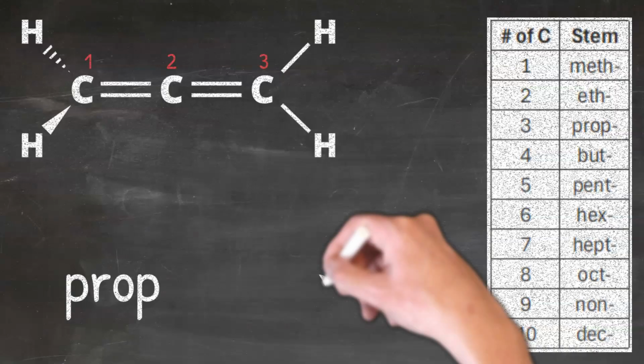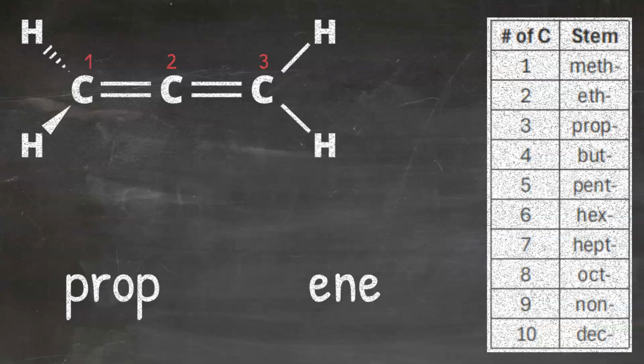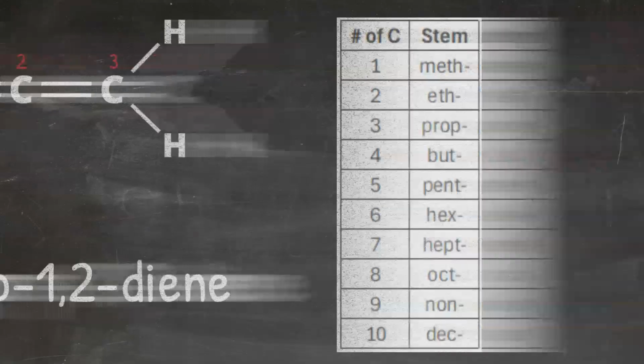Now, we're going to add the suffix -ene because we have double bonds in the structure, but we need to account for the fact that we have 2 double bonds and not 1. So I'm going to add di in front of -ene to note that I have 2 double bonds. And then finally, we need to determine which carbons those double bonds are between, so we would put the numbers 1,2 in front of di. So the name of this structure would be propa-1,2-diene.